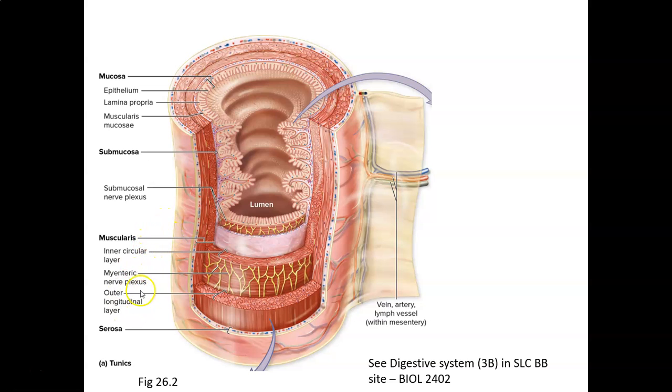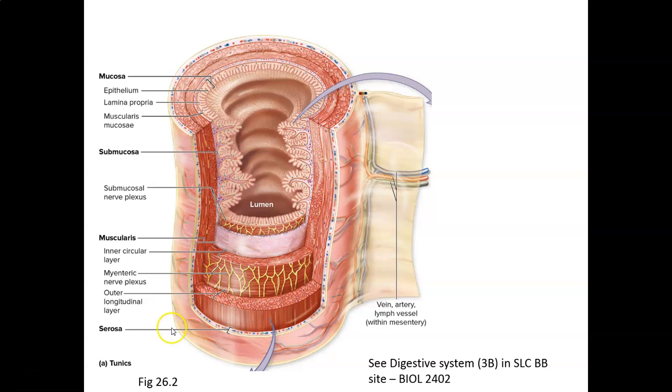There you have an inner smooth muscle layer, the circular layer, and the outer smooth muscle layer, the longitudinal layer. You need to know which one is the inner layer and which is the outer layer.